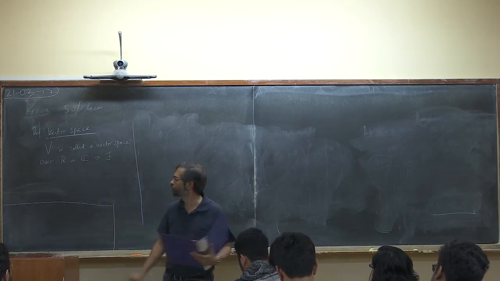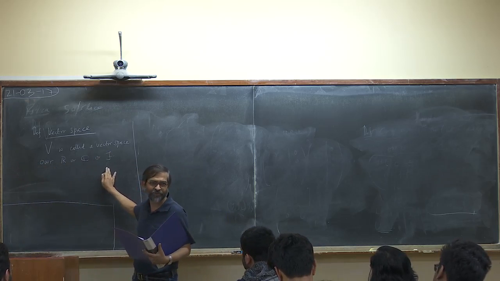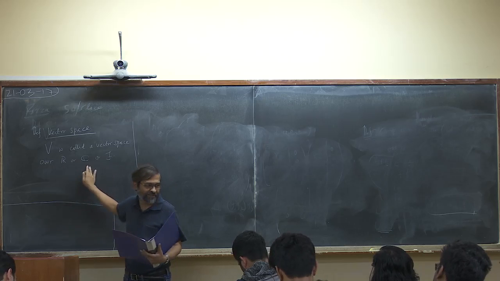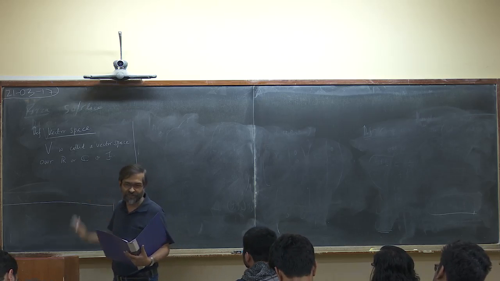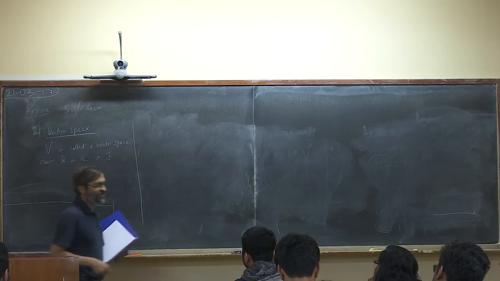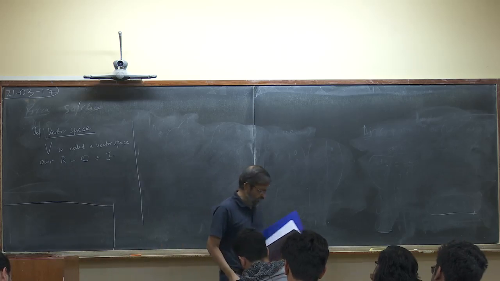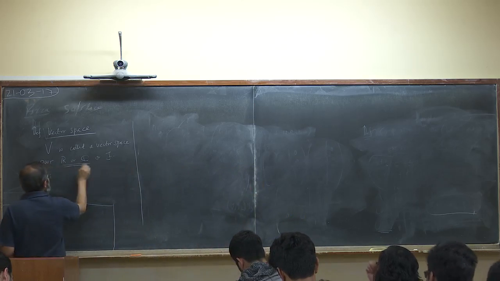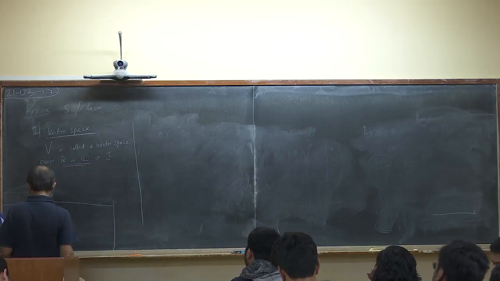I'm not going to elaborate on what this animal is, because for us this field is going to be real or complex. But if you really want to know, read Herstein or any of these math books. All right. So, vector space over this.